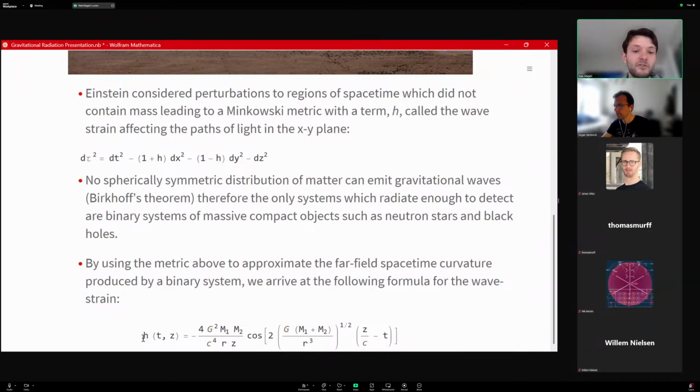So yeah, the general form of this wave strain, and another thing that I'm going to talk about a little bit more on the next slide, is that this wave strain and these waves in general can have different polarizations. This is just one form that's polarized along the x and y directions, but it turns out we can actually get polarizations that are rotated 45 degrees relative to that.